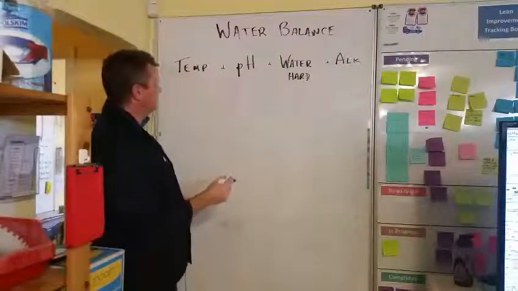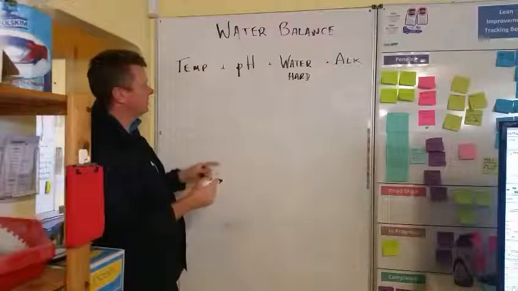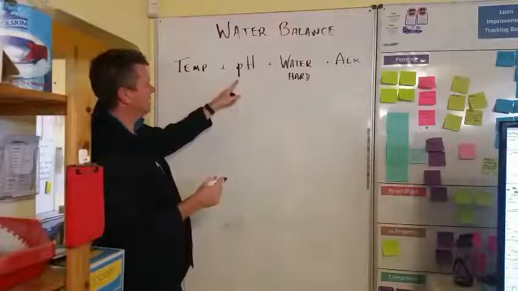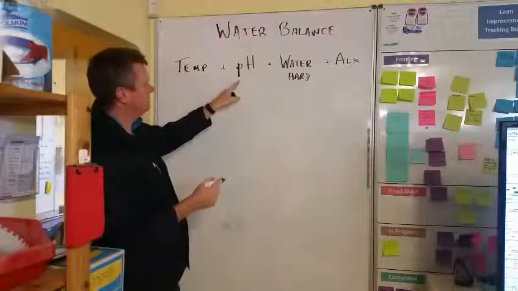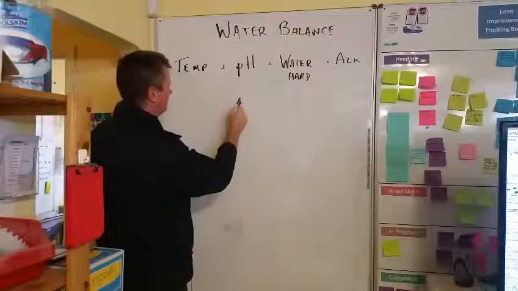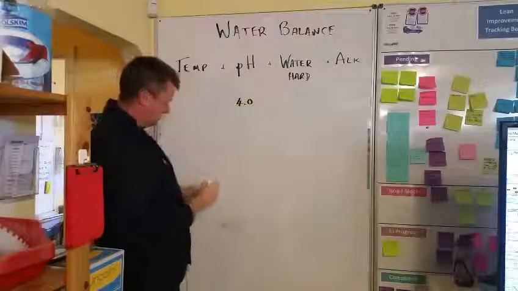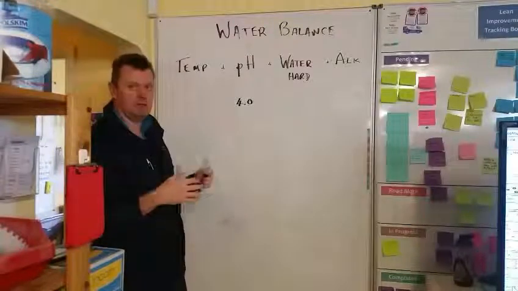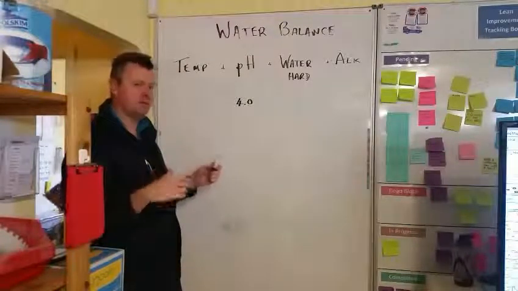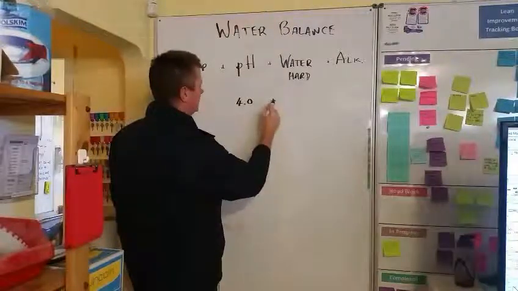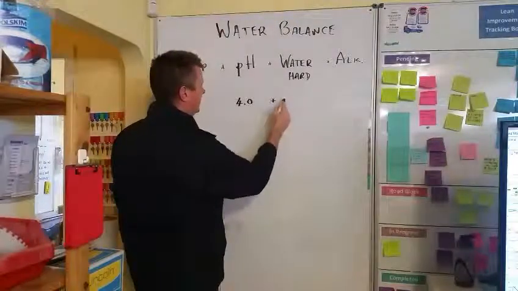Basically with a pool, as an example, say you can have a pH very low, very acidic, say a pH of 4, but the water can still be in balance. It still can be not corrosive, not scale forming, because with a pH of 4 you can have very, very high hardness.